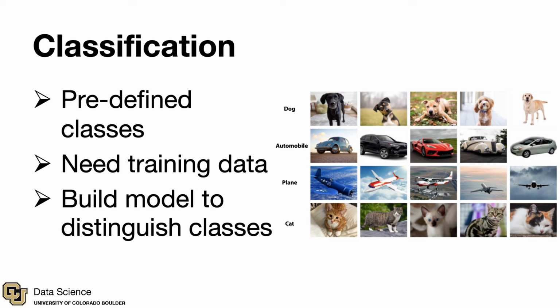Of course, you're usually provided with some training data, like my examples here. If you're looking for pictures of dogs, I have some examples, and pictures of cars I also have examples. Those are the training data, and you can use them to build your classification model. Once you have that model, given a new image, you can quickly determine which class it belongs to. That's classification.